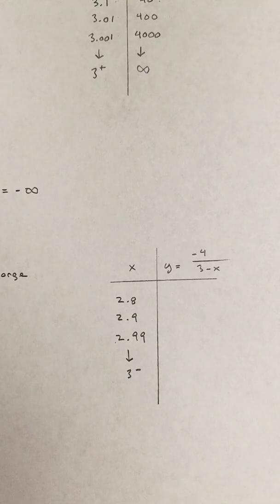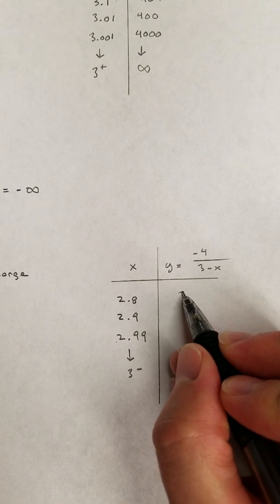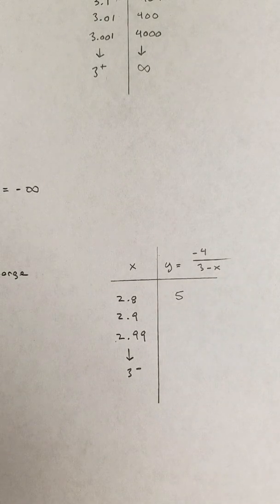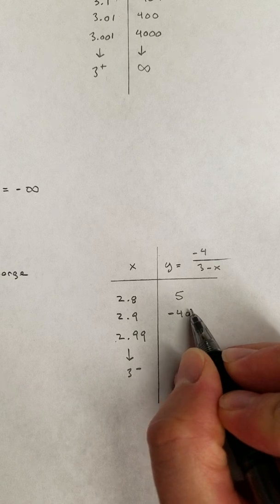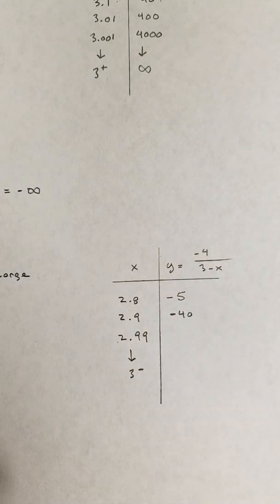All right. So let's do our math and see what we get. So we get -4. We divide by 3 minus 2.8. And that turns out to be -20. We get -4 divided by 3 minus 2.9. That turns out to be -40. Sorry, I forgot to write the negatives.